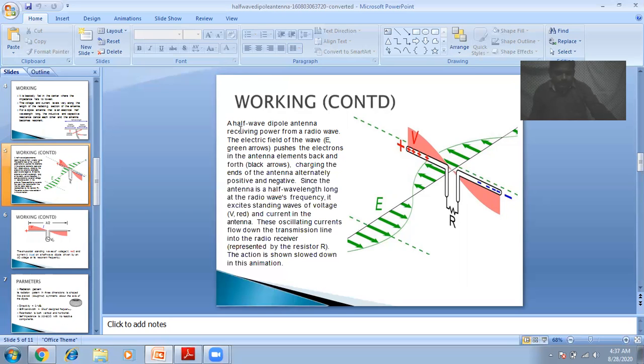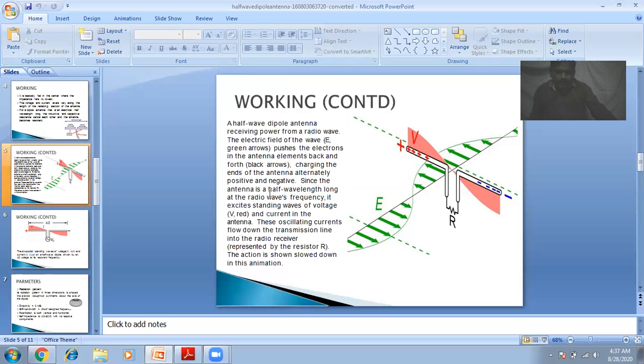Let us see. A half-wave dipole antenna is receiving power from a radio wave. Here the electric field is represented by green arrows, and it pushes the electrons in the antenna back and forth, charging the ends of the antenna alternately positive and negative.